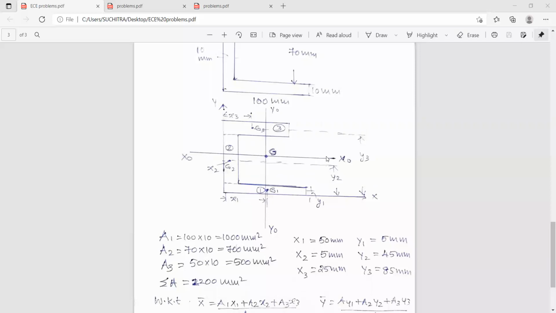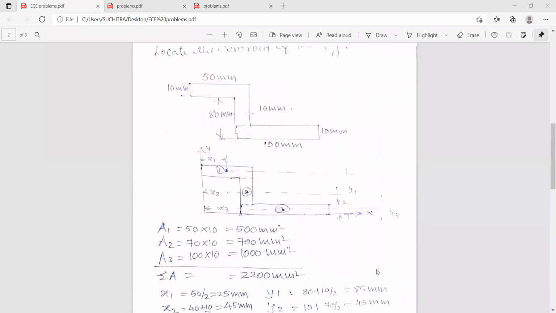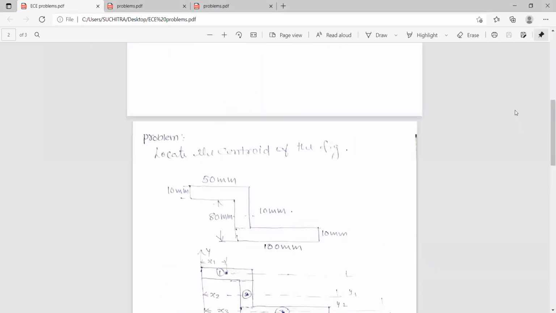And y bar is this height, from x0 axis to the x axis, it works out to be 35.90 millimeters. So these are very simple problems wherein you can find the center of the given figure.